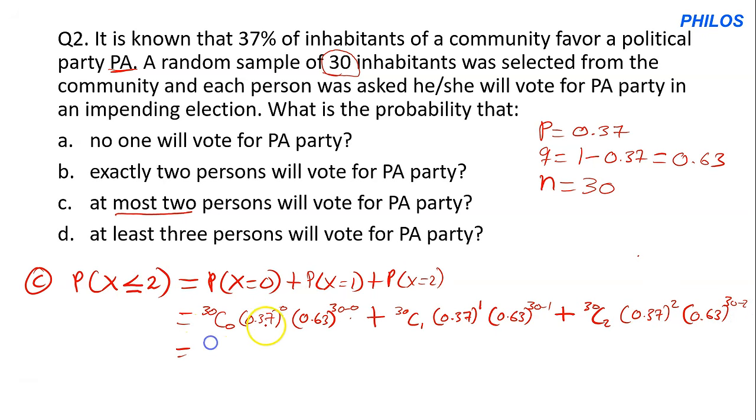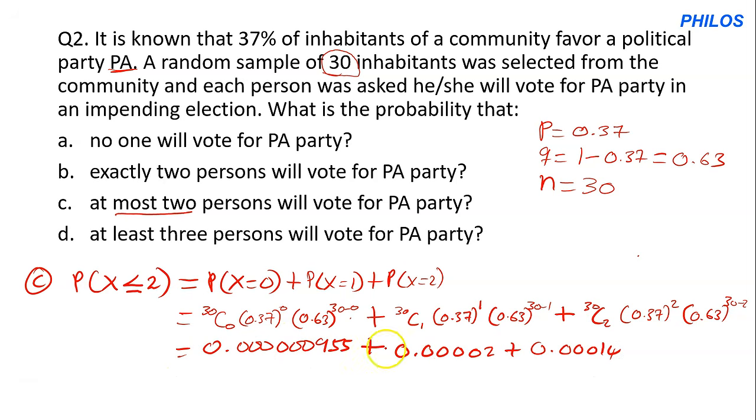So when you put this on your calculator, you're going to get 0.000000955 plus, when you solve the second one also, you're going to get 0.00002 plus the last one is going to be 0.00014.